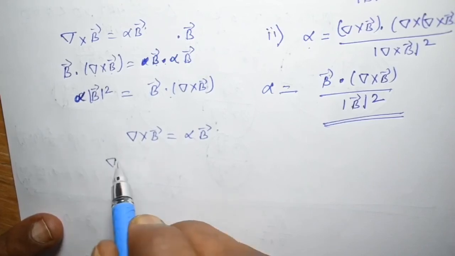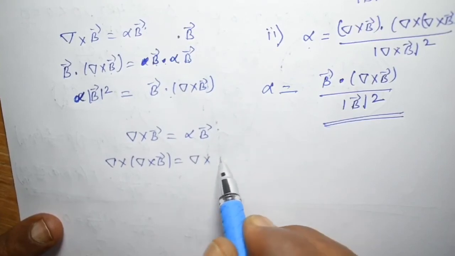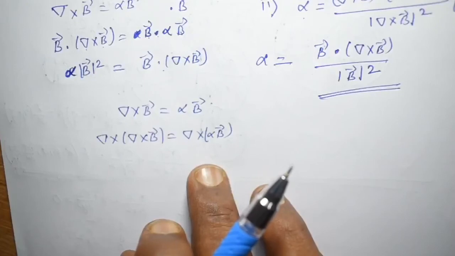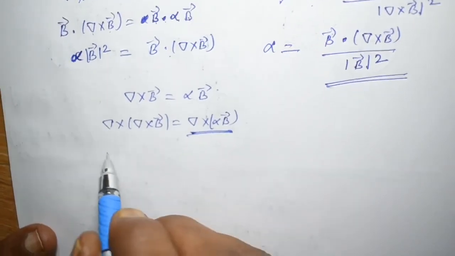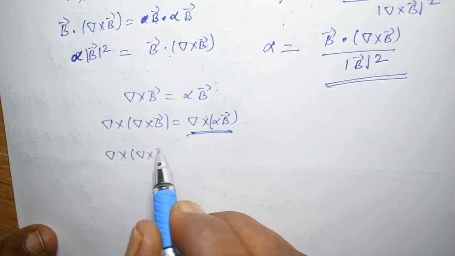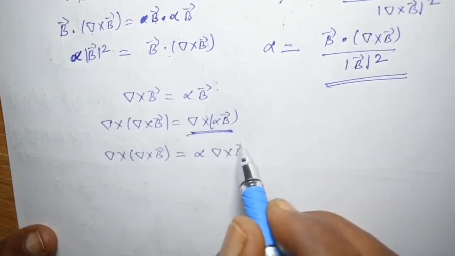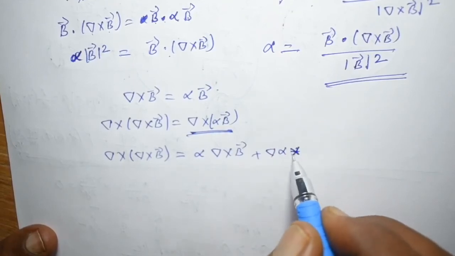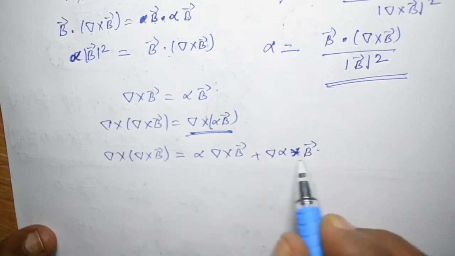Then that will become curl of curl of B is equal to curl of alpha into B. Curl of alpha into B, we write as alpha into curl of B plus gradient of alpha cross B, using the vector identity we just used.